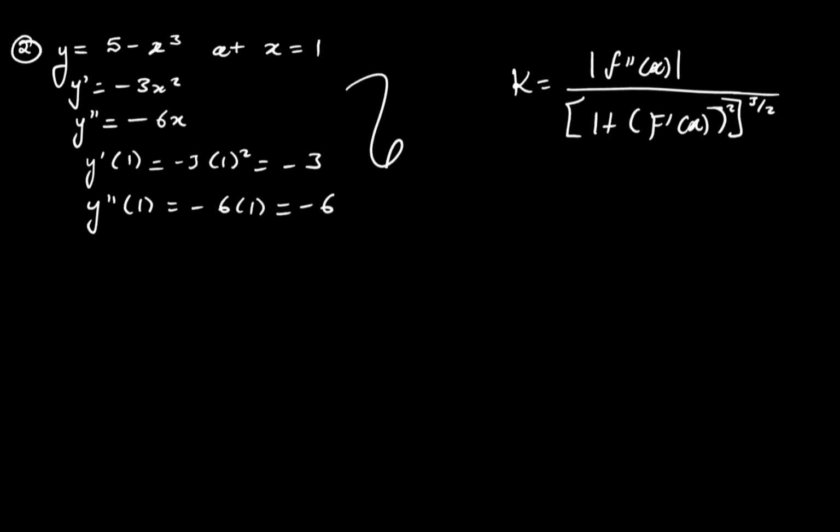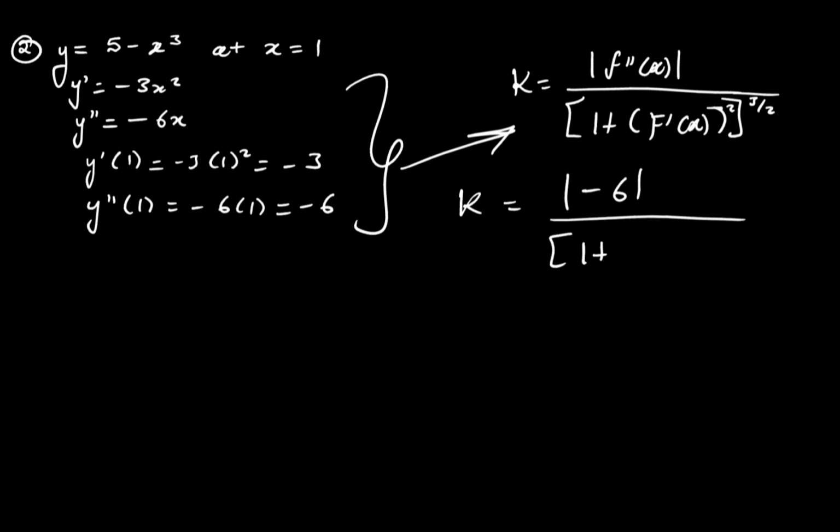If I plug these values into my curvature equation, the curvature is the absolute value of f double prime of x, which is y double prime, minus 6, over 1 plus f prime at x, which is the first derivative evaluated, minus 3 squared, all raised to 3 over 2.